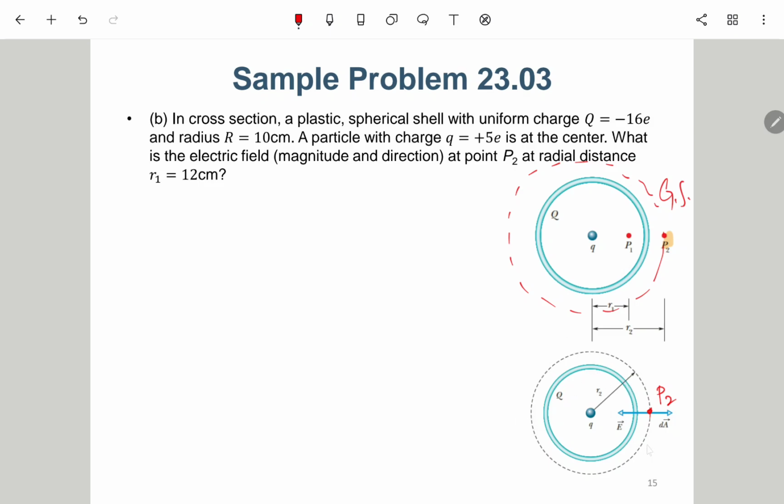So in this case, similarly we have epsilon naught integration of E dot dA equals Q enclosed for B. Here we have epsilon naught and then E and then integration of dA, which will be 4 pi R1 square. Okay, maybe this one should be R2. In the figure, R2 is written there, so this should be R2 square.